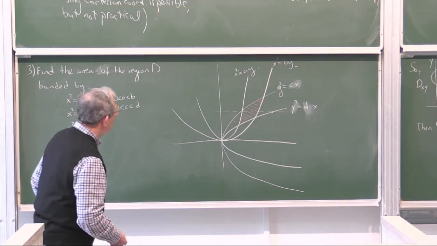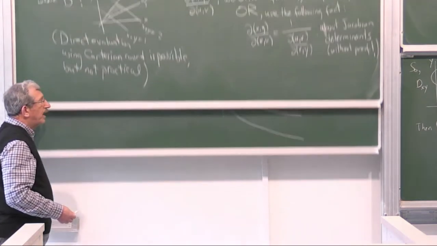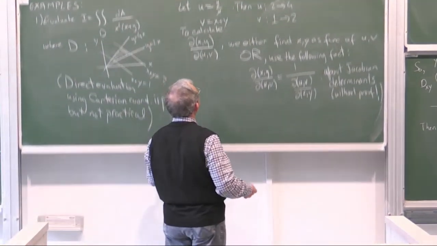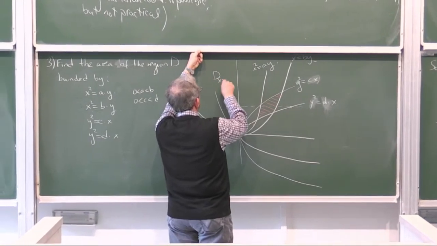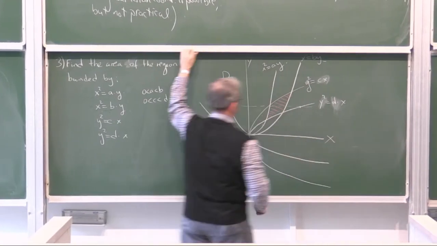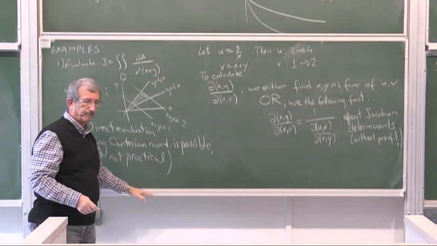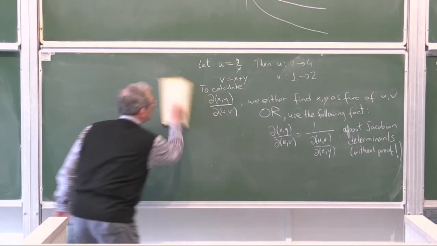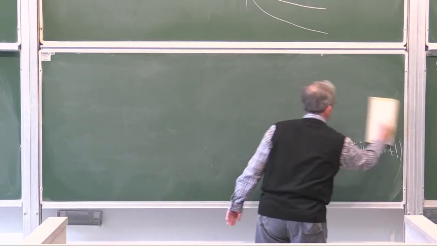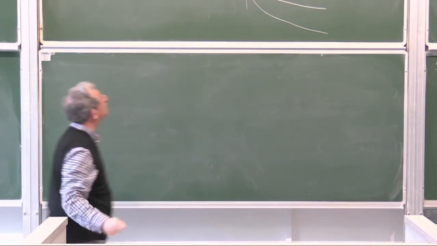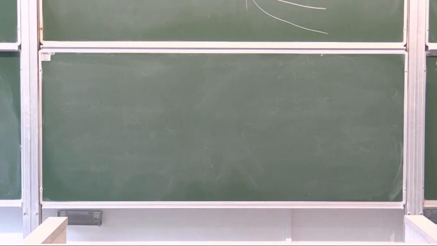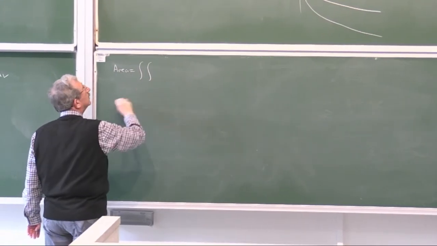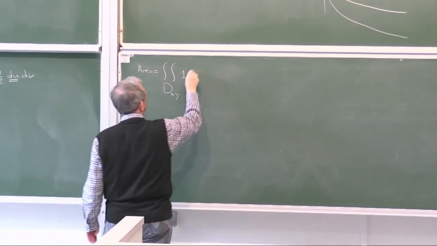Okay. Well, what do we do in this case? We want to find the area. So, okay, let me give a name to it. This is D_xy, because this is the xy system. Clearly, the area wanted is the integral over D_xy of 1 dx.